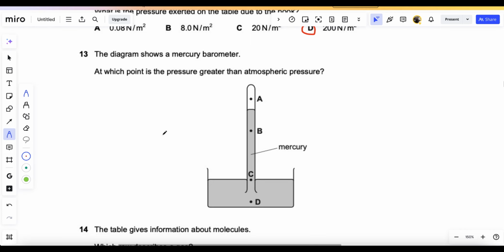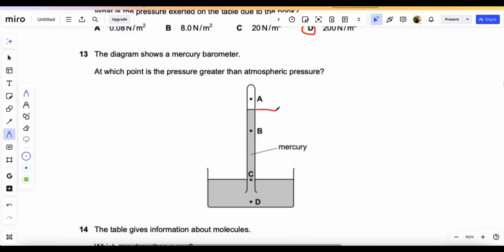Question 13 says, the diagram shows a mercury barometer. At which point is the pressure greater than the atmospheric pressure? You know, atmospheric pressure is acting over the surface. When you are calculating the atmospheric pressure or the pressure in this barometer, we use the height from this surface to this place.